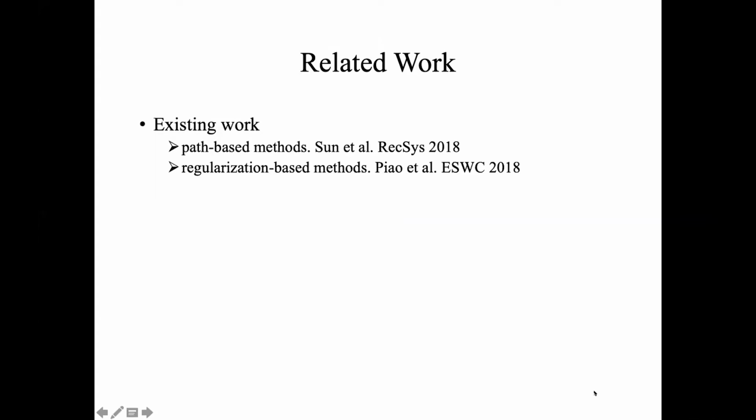Indeed, several recent efforts have attempted to leverage both knowledge graph data and user item interaction data for jointly improving the knowledge graph completion task and related recommendation tasks, such as path-based methods proposed by Sun et al., regularization-based methods proposed by Piel et al., and graph neural network-based methods proposed by Wang et al.